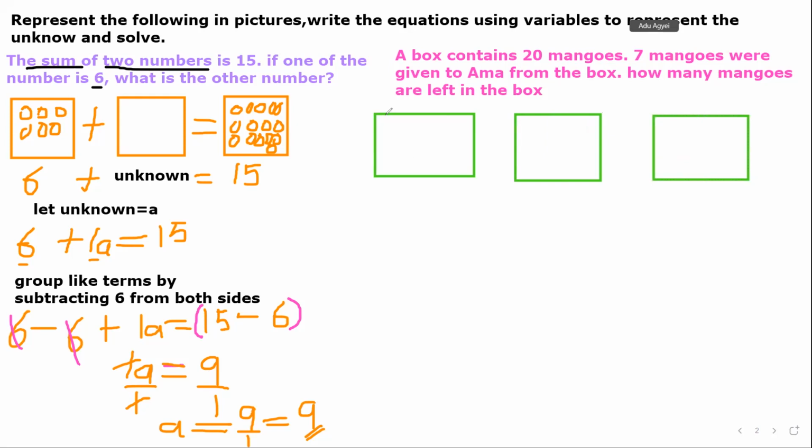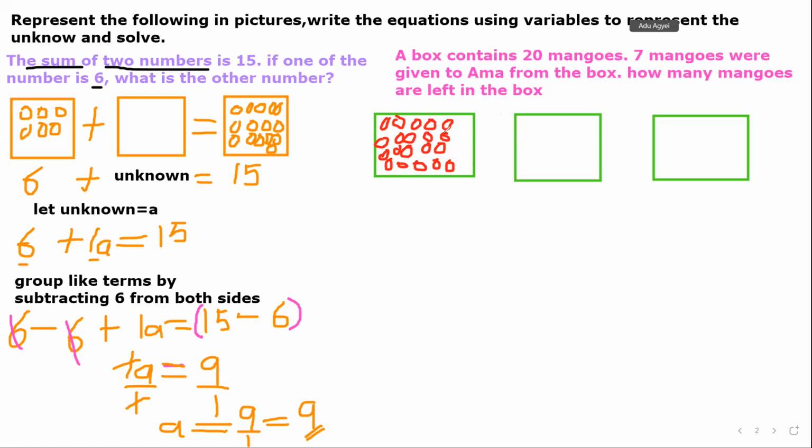So the 20 mangoes, 1, 2, 3, 4, 5, and so on in groups of five. I think it's 20, right? 5, 10, 15, 20. Then we'll say a box containing 20 mangoes.